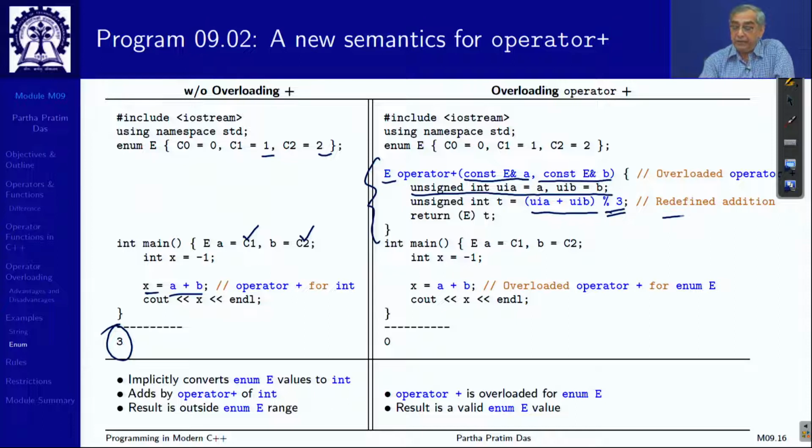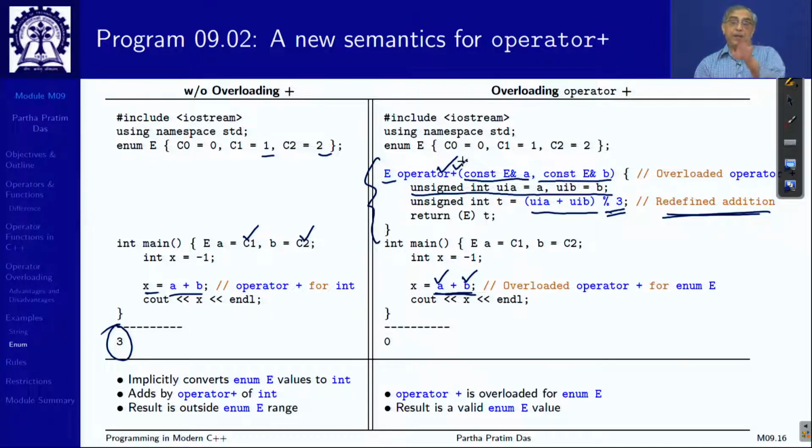So this is the redefined addition with new semantics, and then I can use it exactly in the same way. Now, the arithmetic conversion will not apply, because I have already given an overloaded operator. So the compiler will know that A is of type E, B is of type E, and an overloaded plus operator has been given.